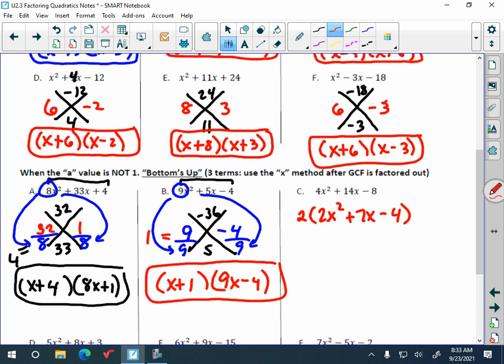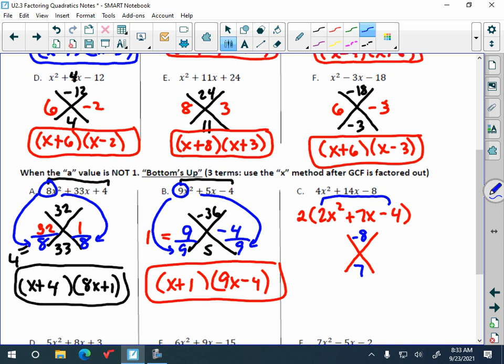All right, so now when I do my x, it's just based off this 2x squared plus 7x minus 4 part. All right, so again, I have to multiply this 2 times this negative 4, so that's negative 8 on top, positive 7 on the bottom.